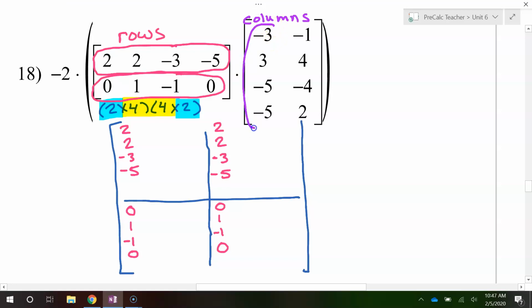So column 1 will go down column 1. So that gives us negative 3, 3, negative 5, negative 5.